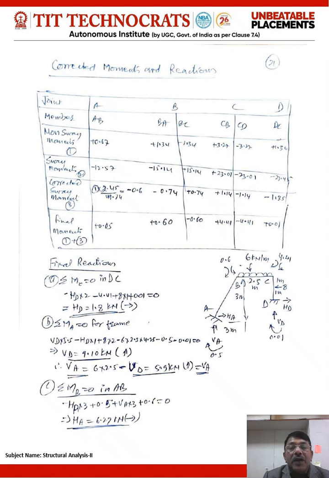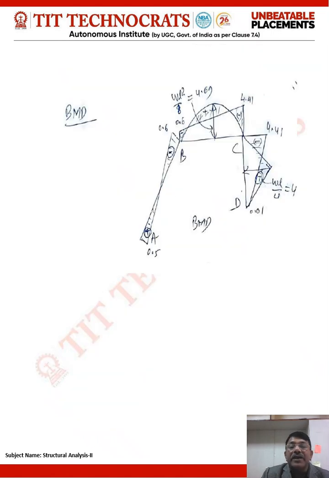Multiplying the sway moments with the sway correction factor, we get the final value, and then adding the result to the initial value of the non-sway moments, at the last row you will find the final value of the moment in the members at the joints. Using these results, we can go for the computation of the reactions, and finally the moment distribution will end up with the preparation of a bending moment diagram as shown here.